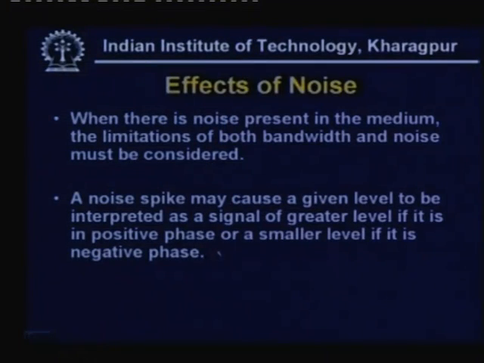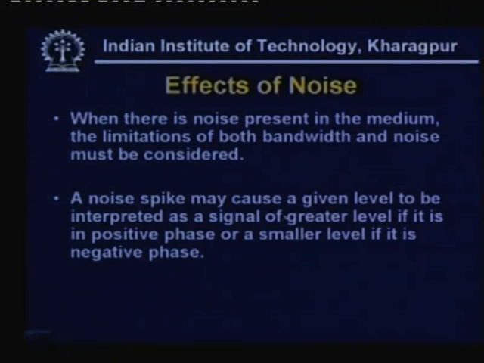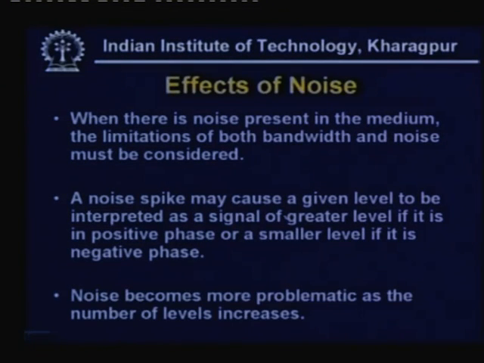So we shall get incorrect data. On the other hand, if it is negative phase, say plus 5 volt is sent and the noise is minus 5 volt, then together it will make it 0 volt. So we shall be getting another signal level, which is also incorrect. So in this way, because of noise we may not get correct data.